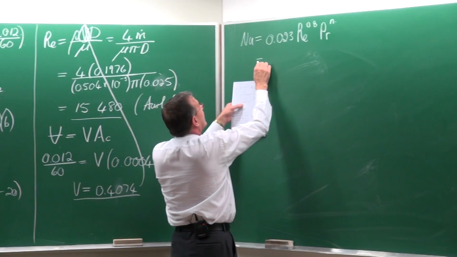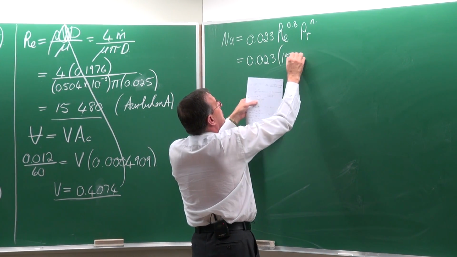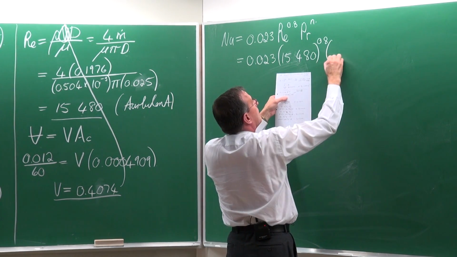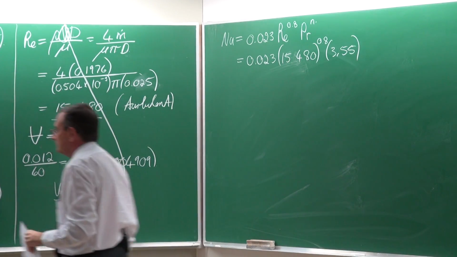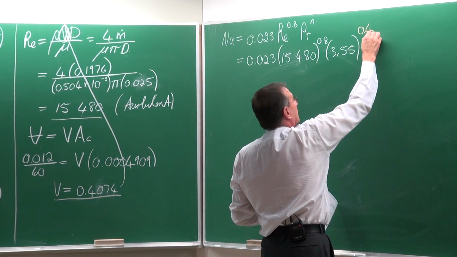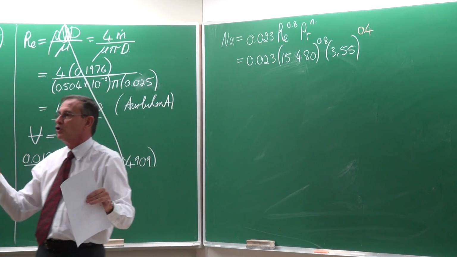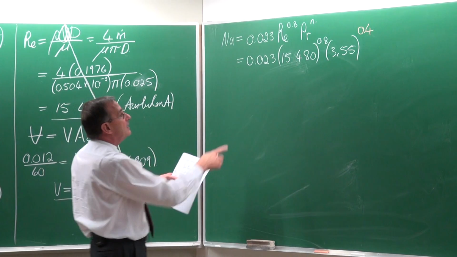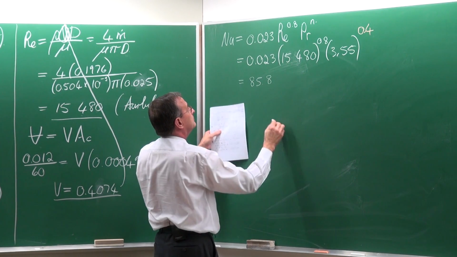So if we calculate the Nusselt number, it is equal to 0.023, the Reynolds number 15,480 to the 0.8, the Prandtl number 3.55, and n equal to 0.4. Because where they give us the equation, they say n is equal to 0.3 for cooling, n is equal to 0.4 for heating. If we calculate the Nusselt number, it is equal to 85.83.